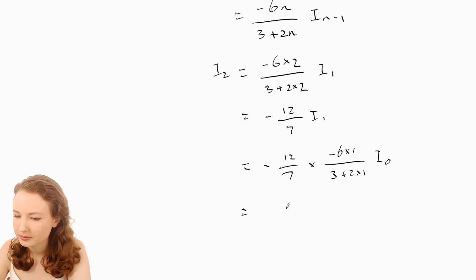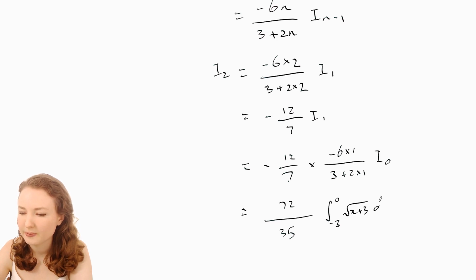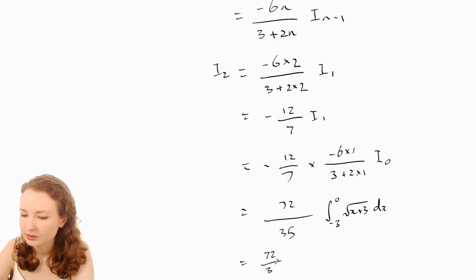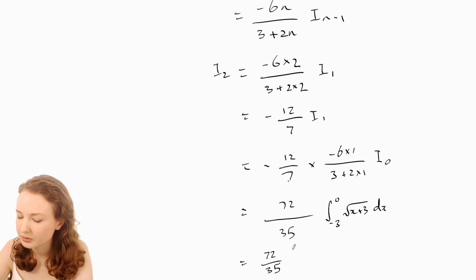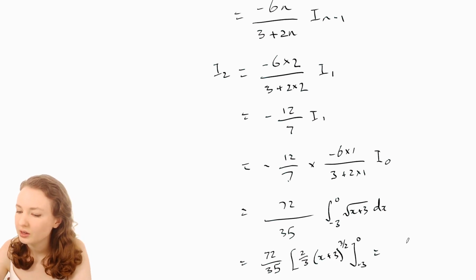You've got 12 times 6, which is 72 over 7 times 5, so 35, I0, which is the integral from negative 3 to 0 of root x plus 3, which is 2/3 (x + 3)^(3/2) from negative 3 to 0.